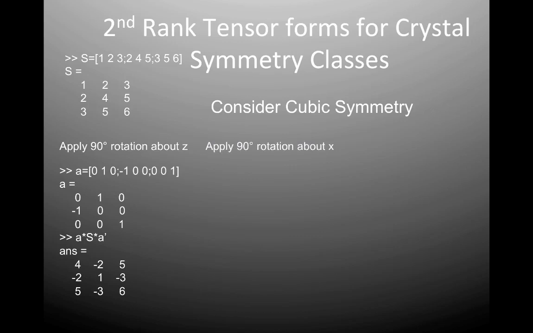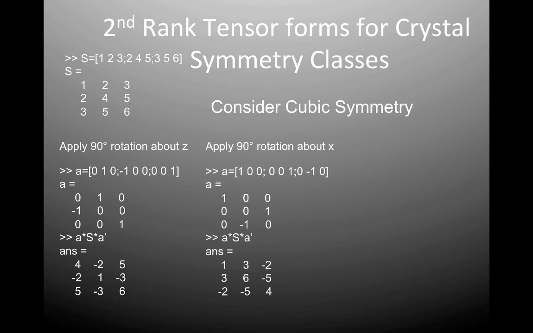Now I also could apply a 90-degree rotation about the x-axis, which would be a transformation matrix as defined here, which gives me this combination of A. I multiply A times S times A transpose. That gives me these coefficients in my conductivity tensor.